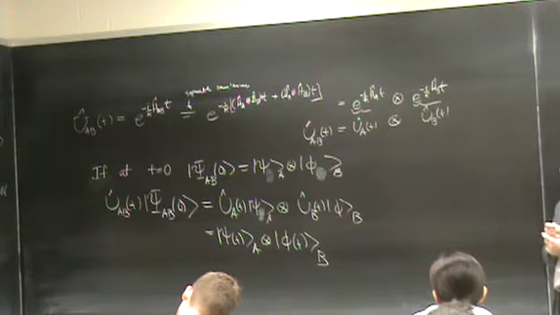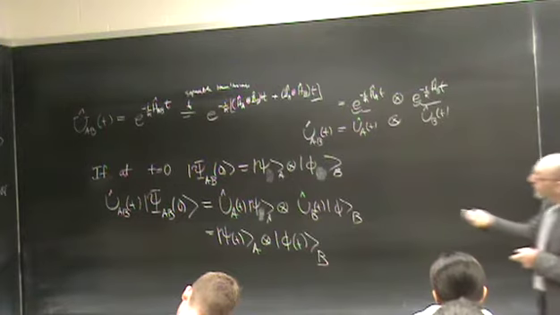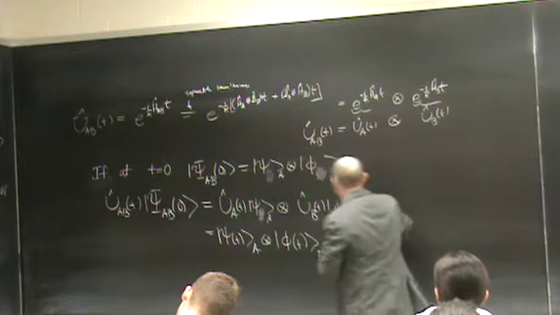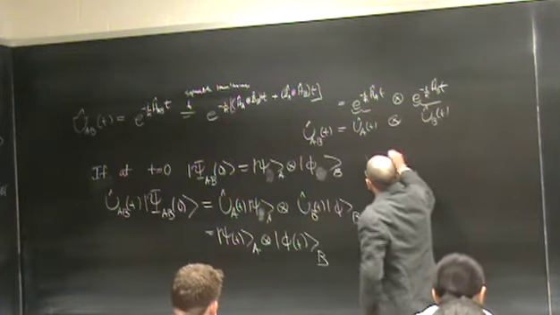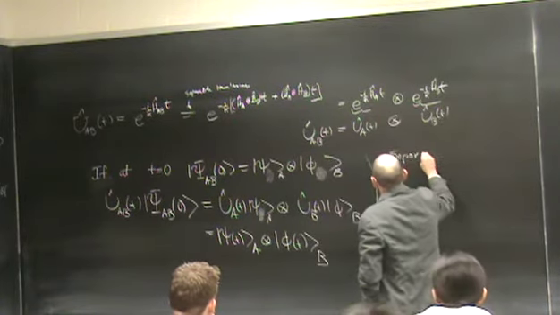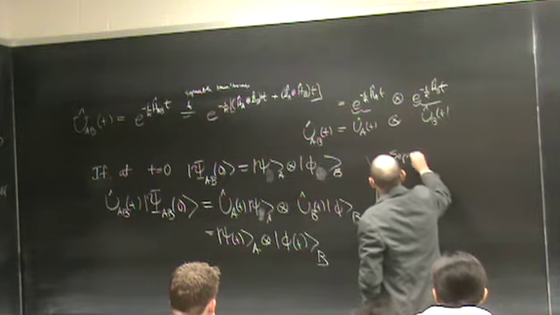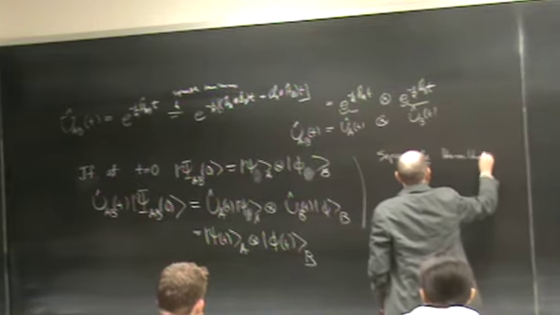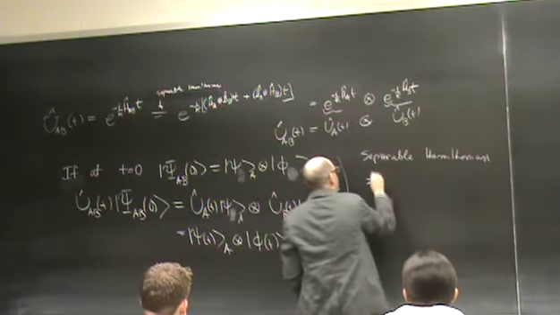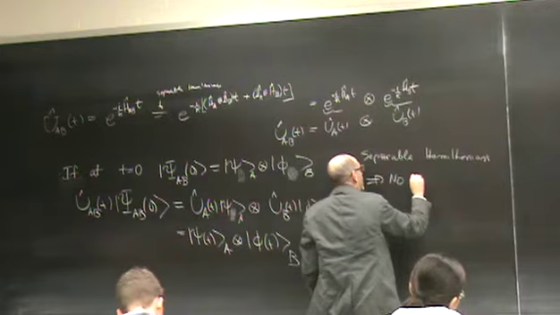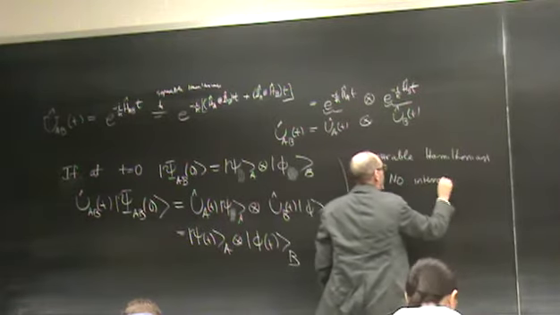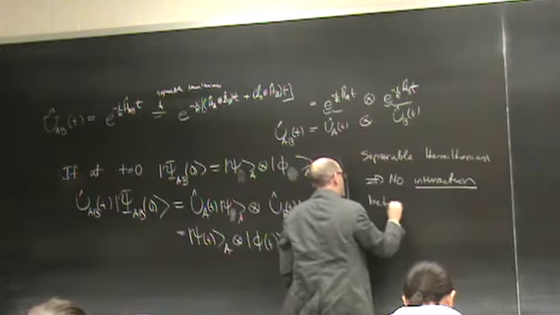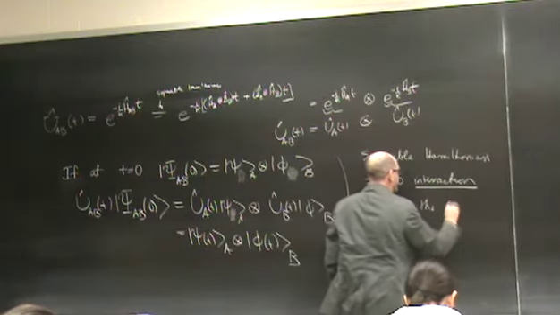So the point here is that when we have a separable Hamiltonian, separable Hamiltonian implies no physical interaction between the degrees of freedom.